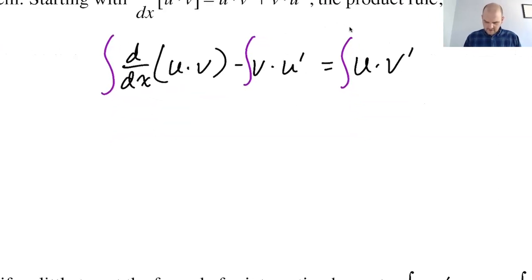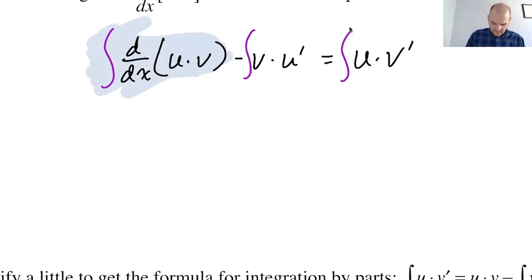So if I integrate, let's shade the whole thing. If I integrate the derivative, it's just going to take me back to the original. So this part here should take me back to u times v, and then minus the integral of v.